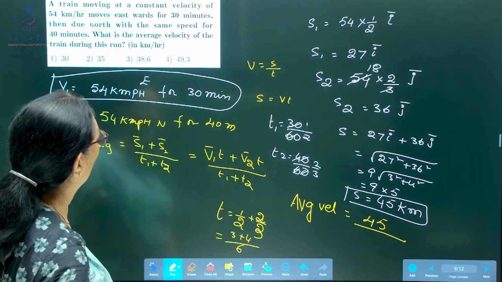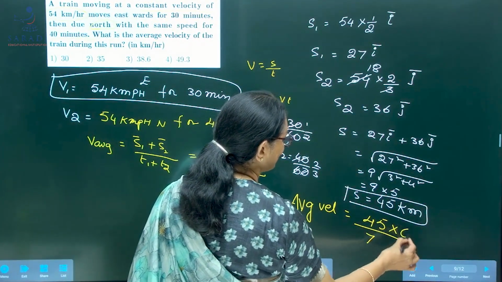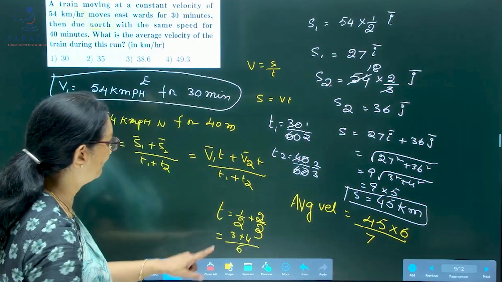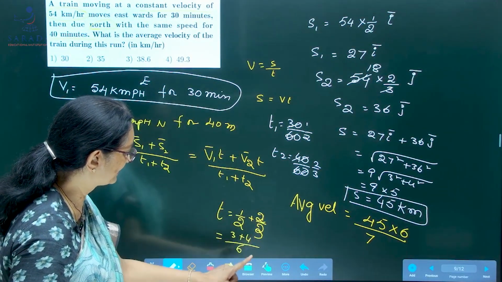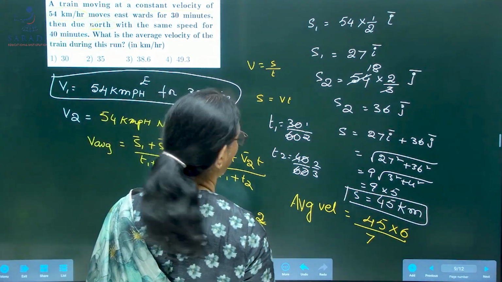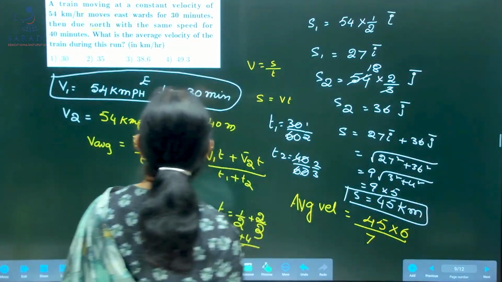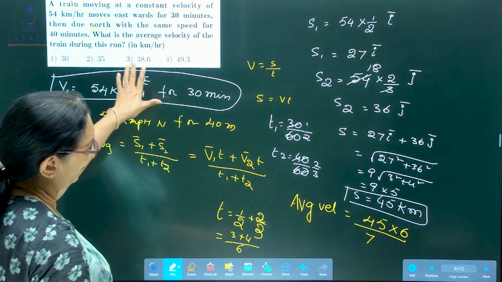So if you simplify that, very obviously you will be getting an answer less than 45, and not a round figure.